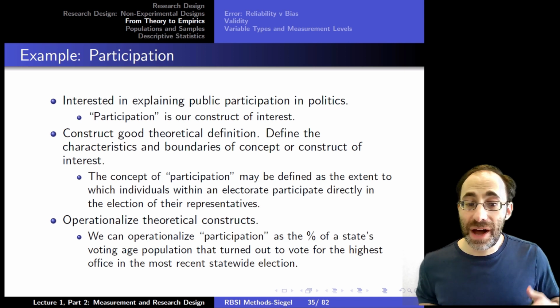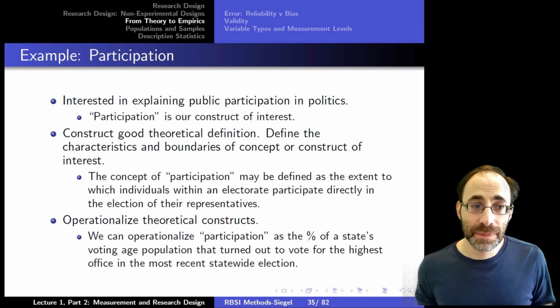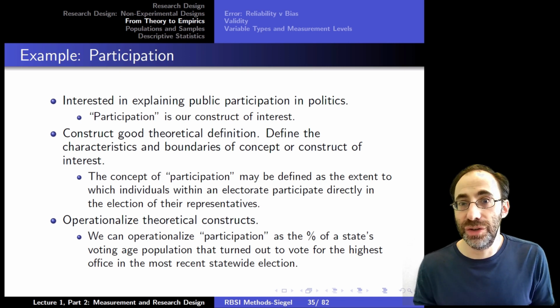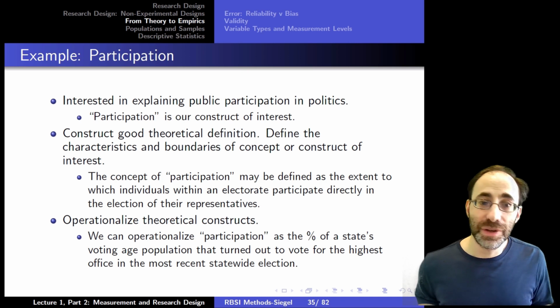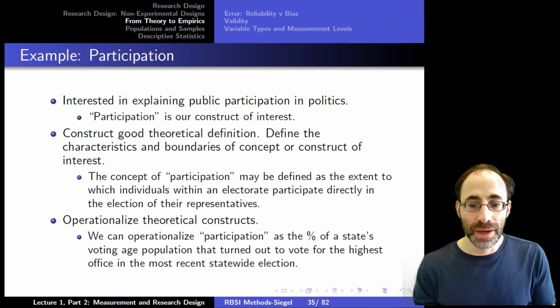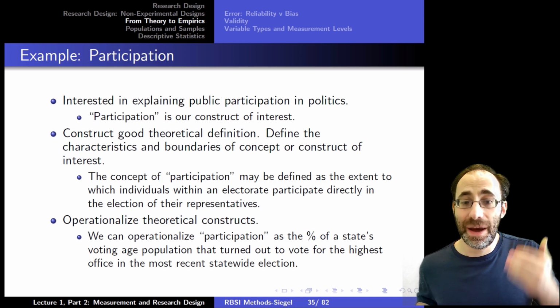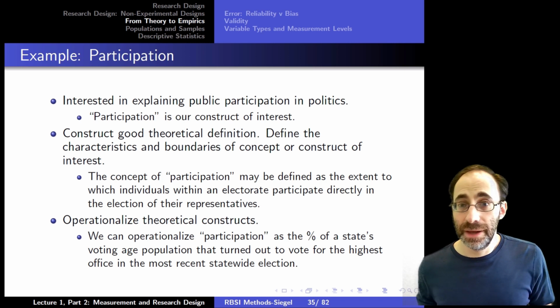And it also focuses only on the highest office as opposed to other offices, which is important because typically the highest office gets more interest, right? Presidential election years have more turnout usually than midterm election years because there's more at stake, it's thought. So again, construct a good theoretical definition, then operationalize your theoretical constructs. Next time we'll discuss more about reliability and validity and so on.